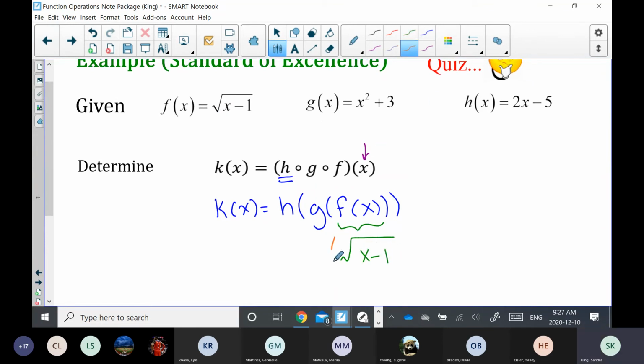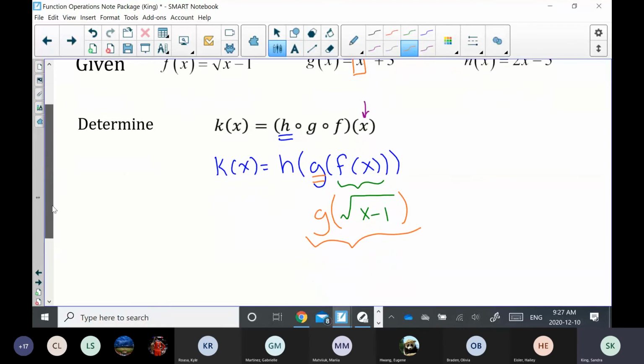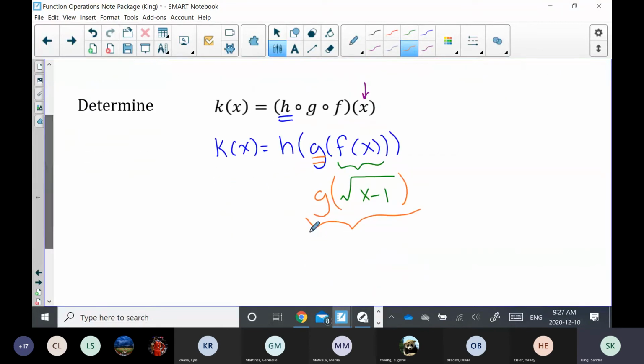That is going to be input into your g function, which is right here. So now what I'm going to do is in this g function, take that x out and put in the square root of x minus 1. We're going to square it and we're going to add 3. So how I'm going to do this.